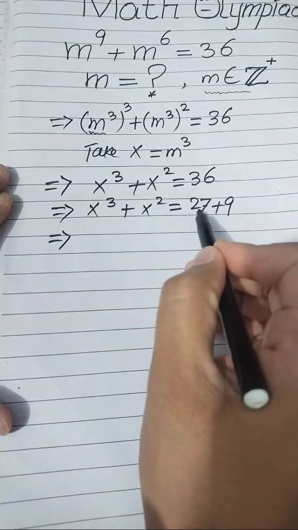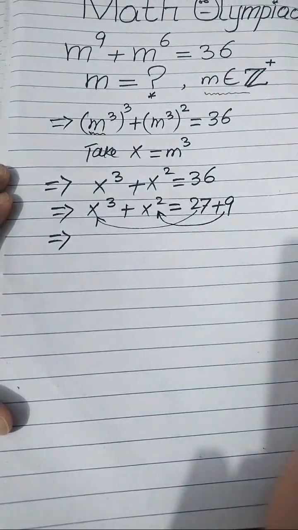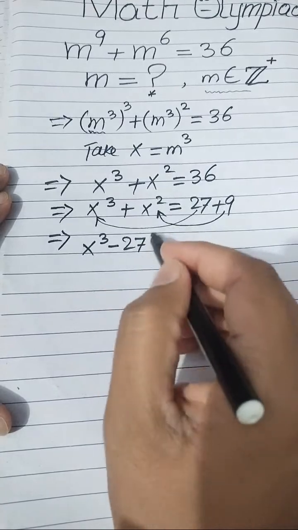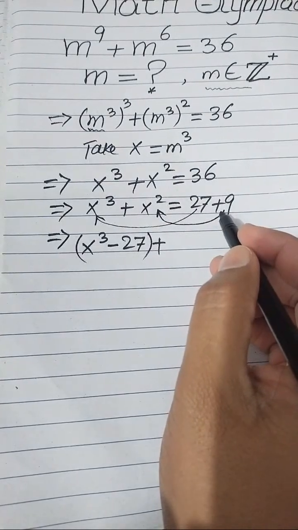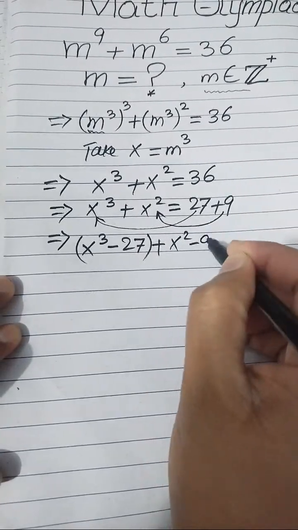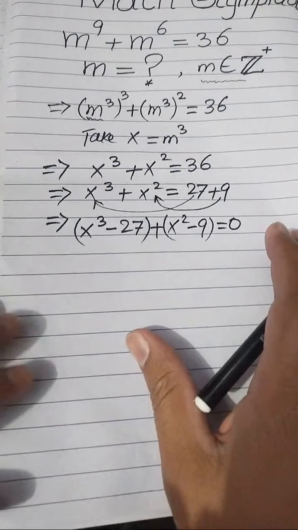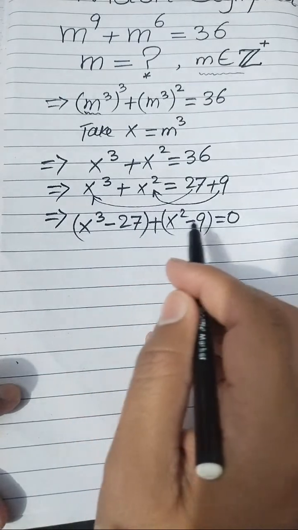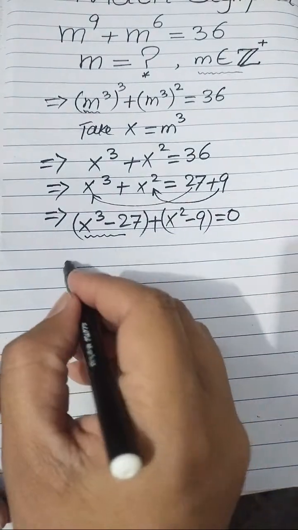We combine this 27 with x cubed, and we combine this 9 with x squared, so that we have x cubed minus 27 plus x squared minus 9 is equal to 0.